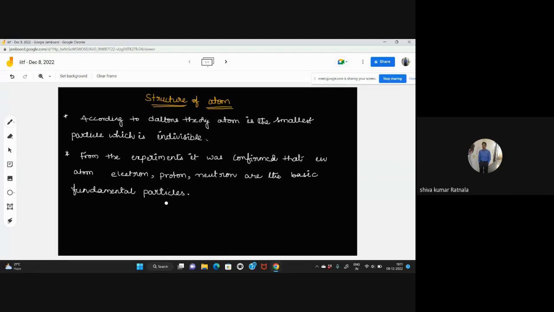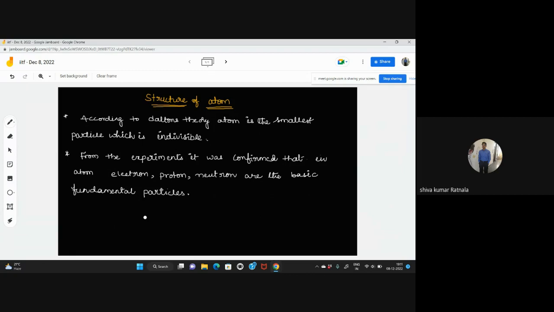Electron, proton, neutrons are basically common particles of any atom. Now, from this, who proposed what, we are going to discuss right now.